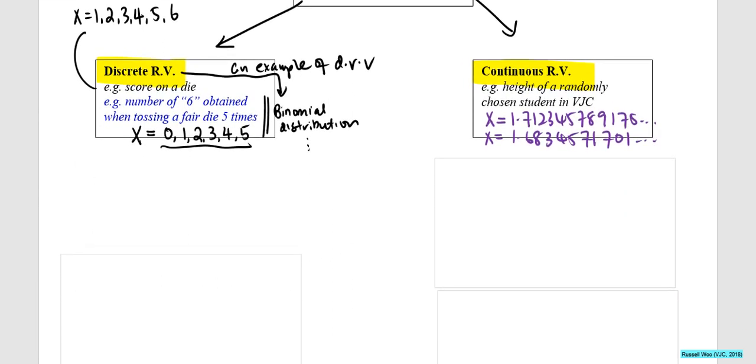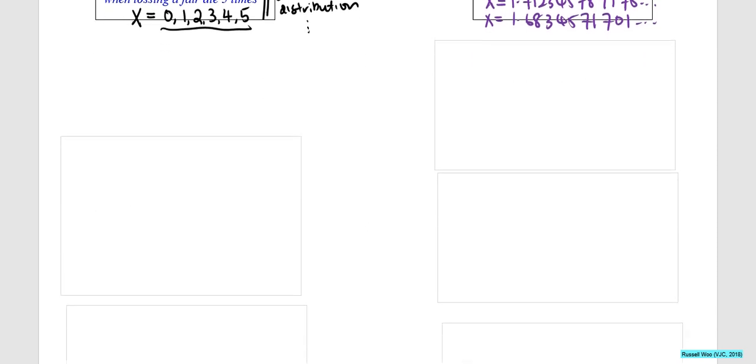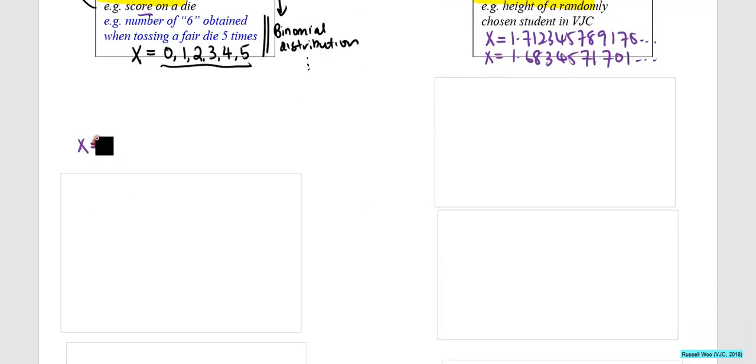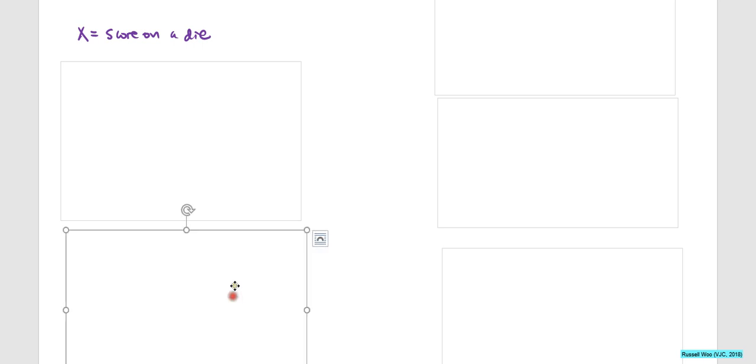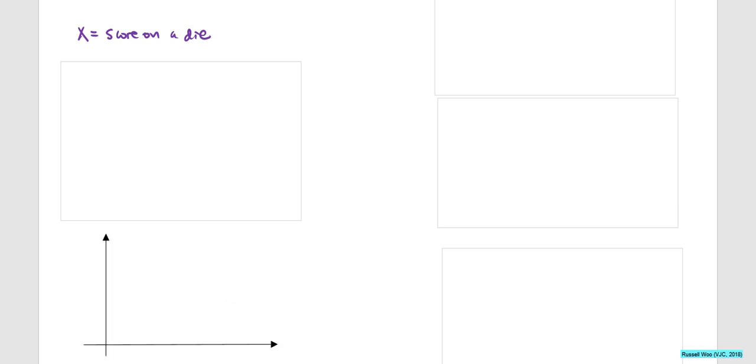Alright, now to represent a discrete random variable, what do we say? Let's use the score of a die as an example. If x is the score on a die, to represent this, we can say x equals 1, 2, 3, 4, 5, and 6, and each has probability 1 over 6.